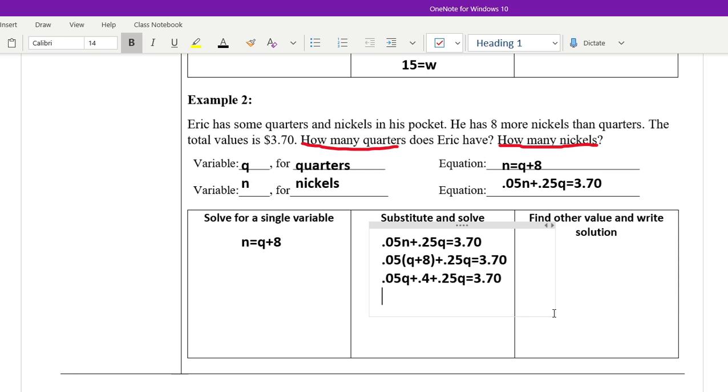Now we can combine our like terms. So 0.30q plus 0.4 is equal to still our $3.70. We can subtract 0.4 from both sides.